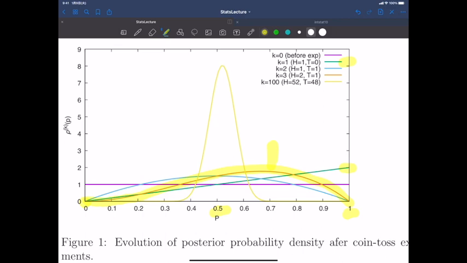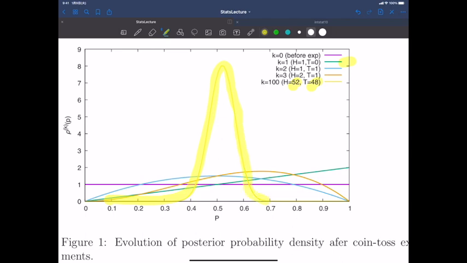And if we continue this 100 times, and suppose we got 52 heads and 48 tails, then if we keep applying the Bayes formula, what we get is this curve.